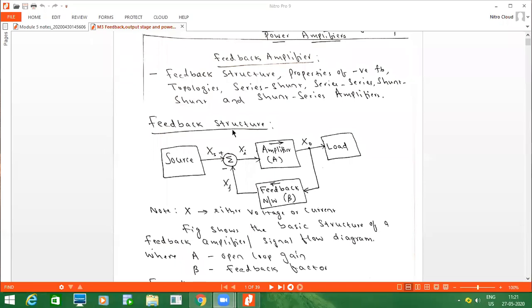At the same time, can you tell me what are the advantages of negative feedback, or what is the main intention of using negative feedback in the amplifier? Not only the op amp, in the amplifier, it may be a transistor, MOSFET, JFET, op amp, whatever it may be, that active element, what is the purpose of using negative feedback? What are the advantages we will get?